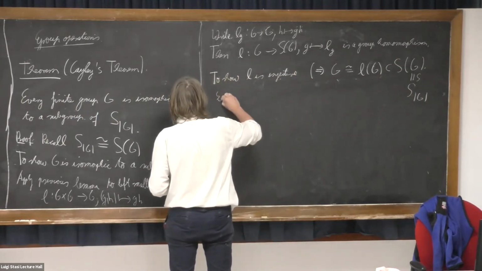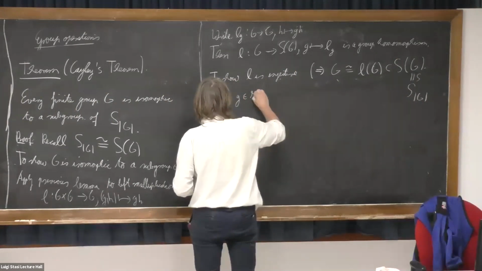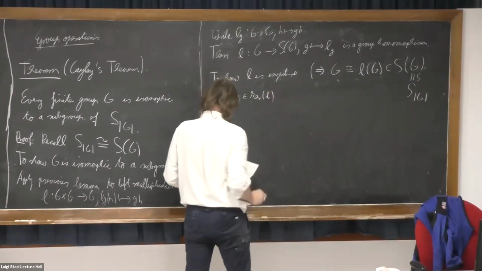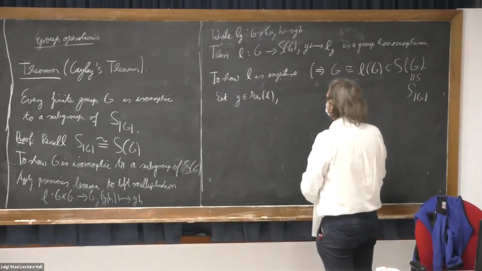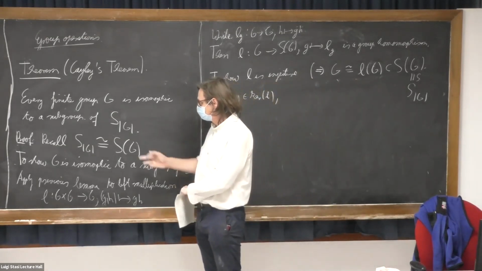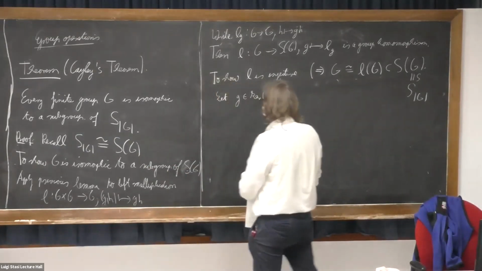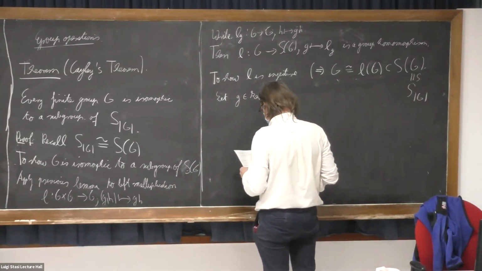So let's say g is an element in the kernel of L. What does it mean? The kernel of L are all the elements which map to the neutral element of the symmetric group. The neutral element of the symmetric group is the identity.